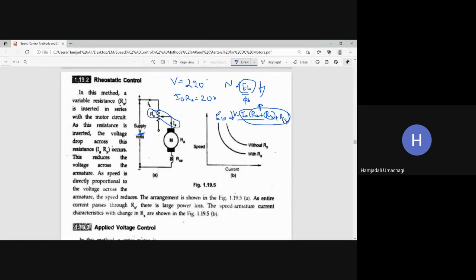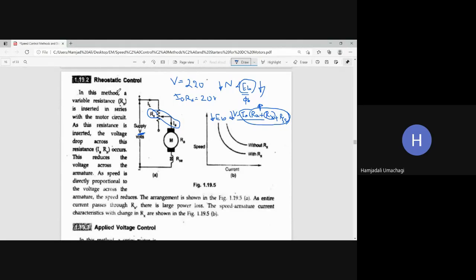If the total voltage is decreasing, Eb decreases. If Eb decreases, the speed decreases. This is how, by using rheostatic control, you control the speed of the DC series motor, for getting speed values less than the rated RPM.